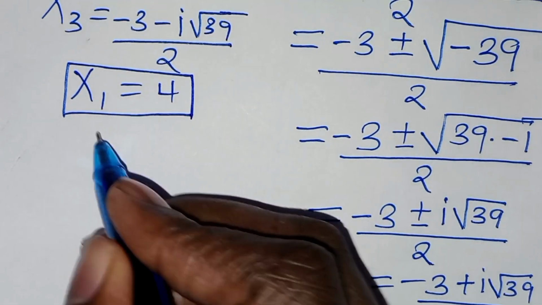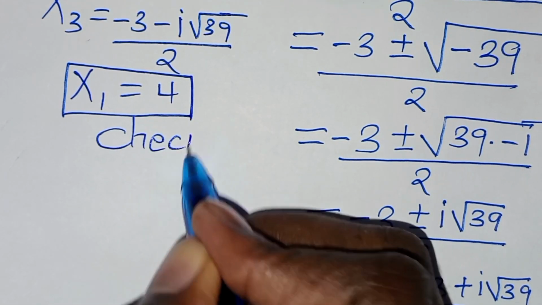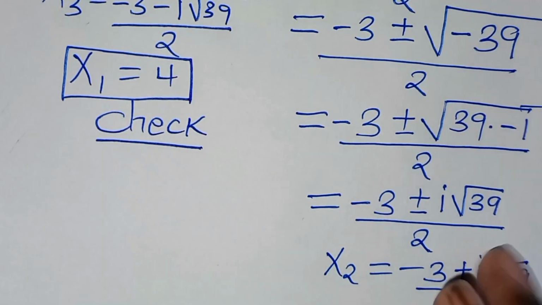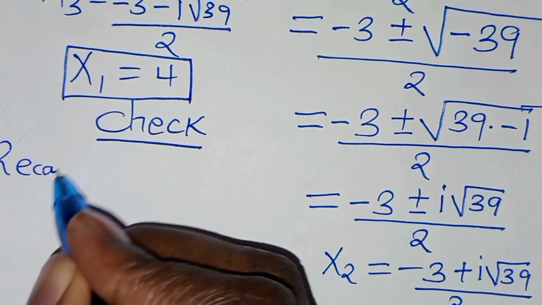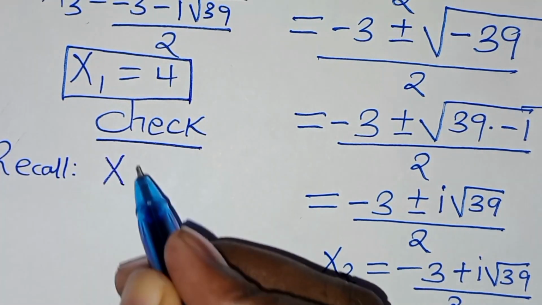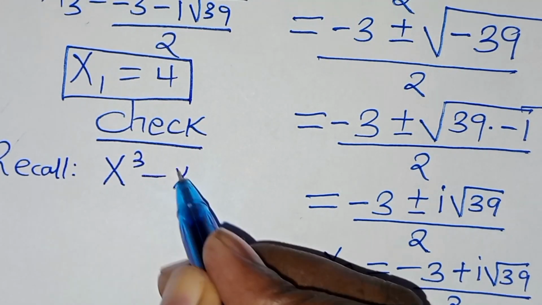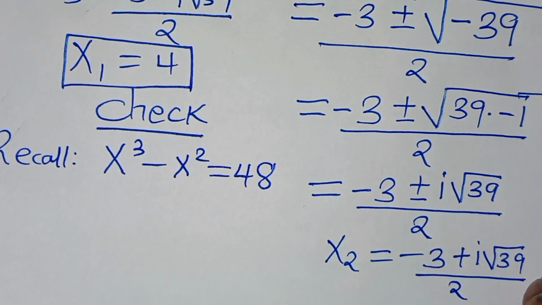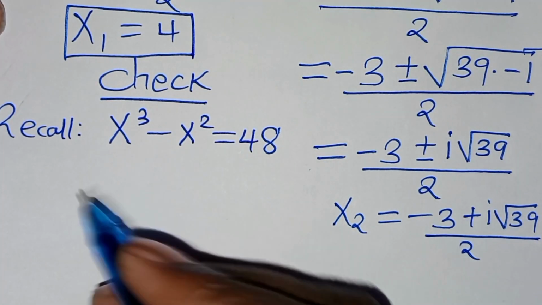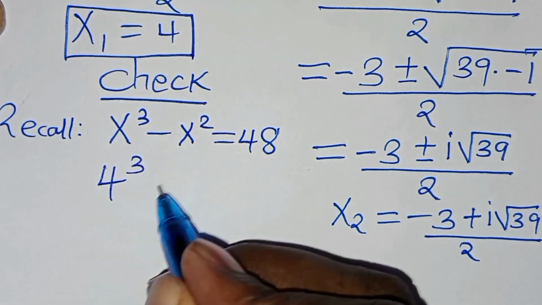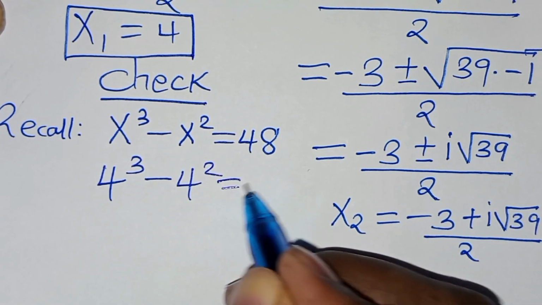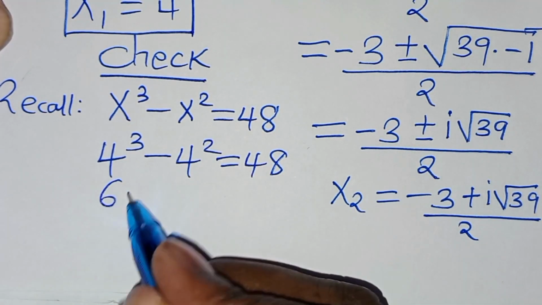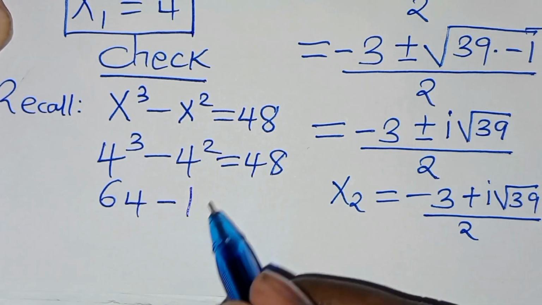So let's check if this x1 satisfies the equation. If you recall, we had x to the power 3 subtract x to the power 2. This is supposed to give us a value of 48. So now this is 4 to the power 3 minus 4 to the power 2. This is supposed to give us a value of 48. 4 to the power 3 is 64, minus 4 to the power 2, which is 16.